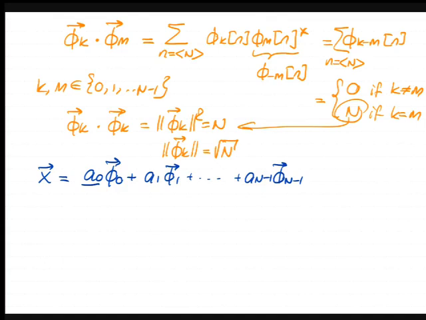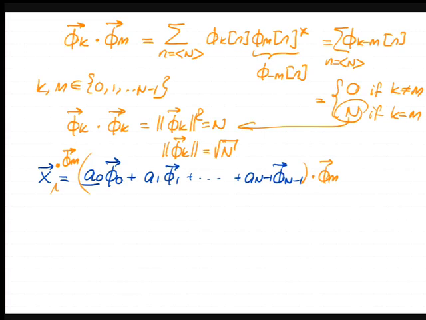Look at this expression. If I want to find the mth one, let's say the second is a2, what's a good way of, given that these phi's are all orthogonal to each other, what's a nice way of cleaning out everything on the right-hand side except for the mth term? Take the inner product of the right-hand side with phi m, right? So take the inner product of this with phi sub m, and also with this, that means the whole thing here with phi sub m.